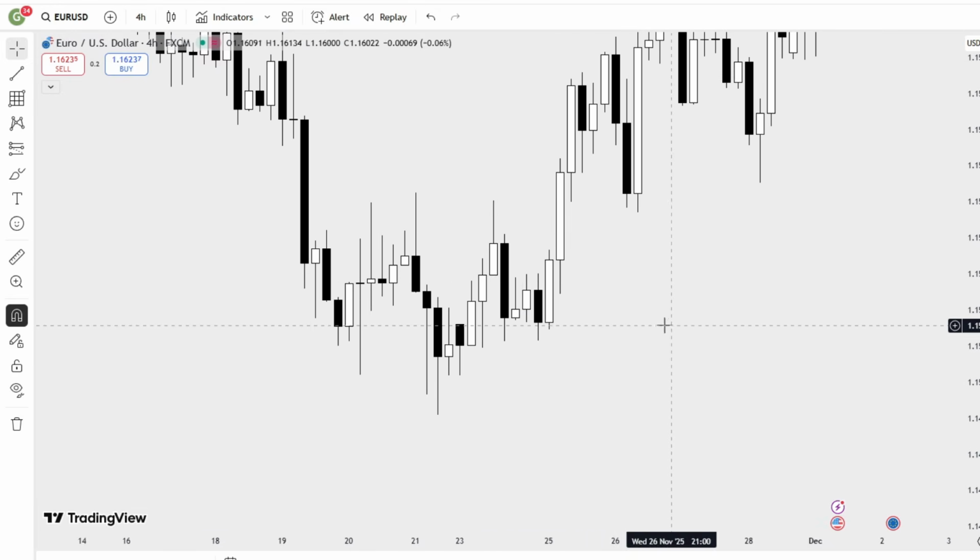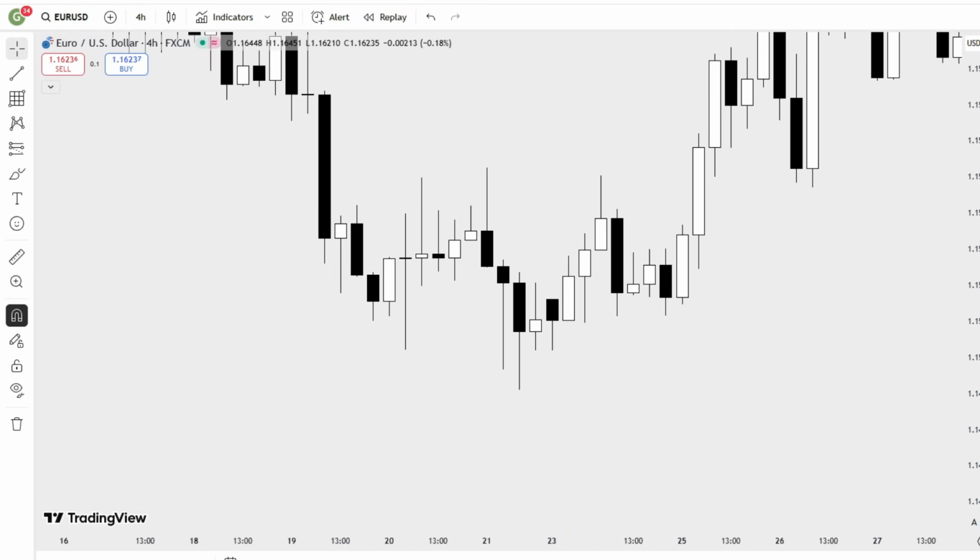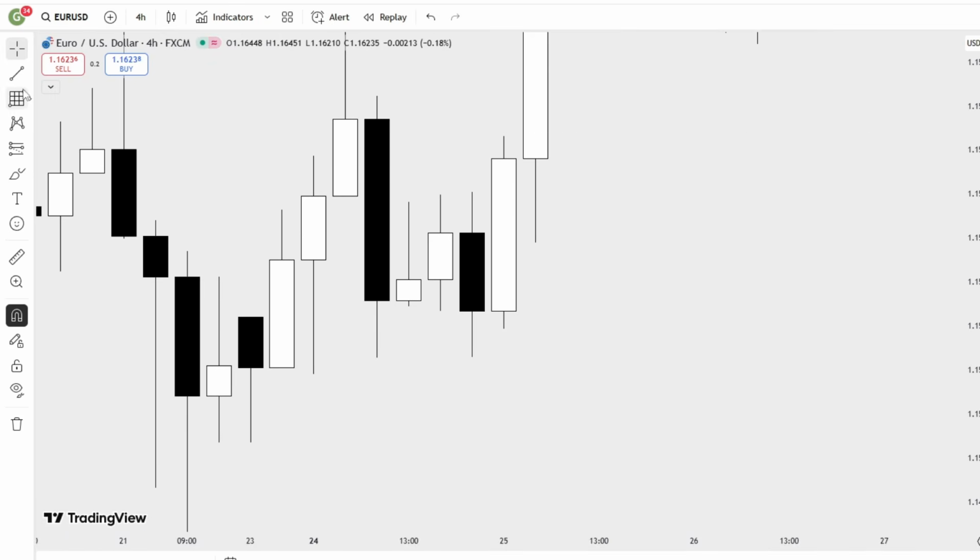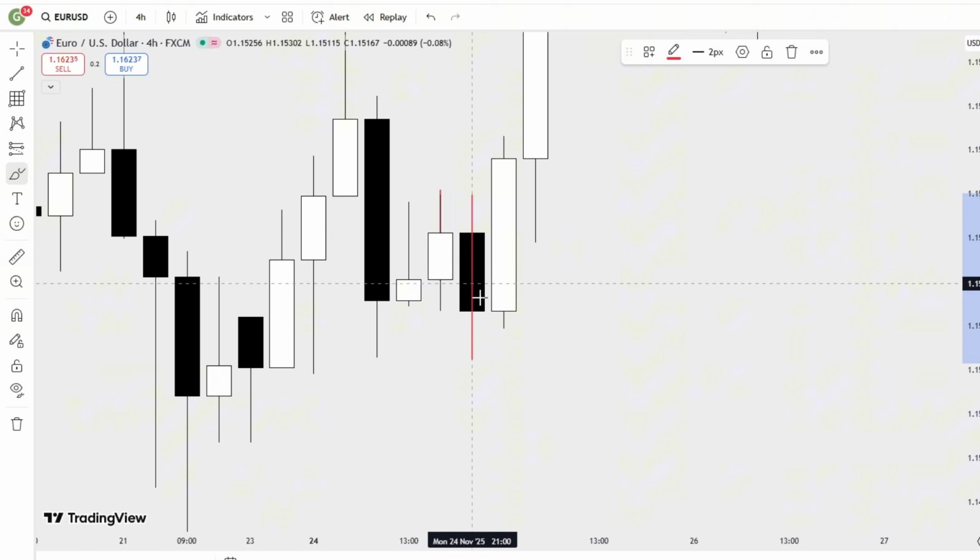So like here you have a perfect example. Look, you have your first candle right here. You have your first candle here. You have your second candle sweeping the previous candle low, and then you have your third candle breaking your first candle high.